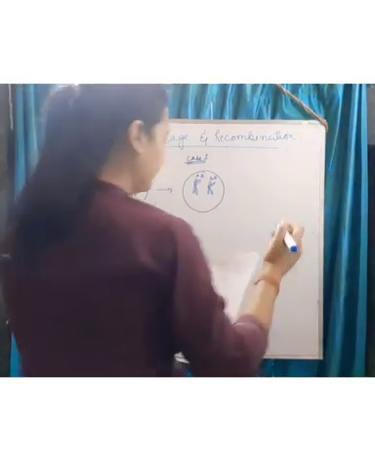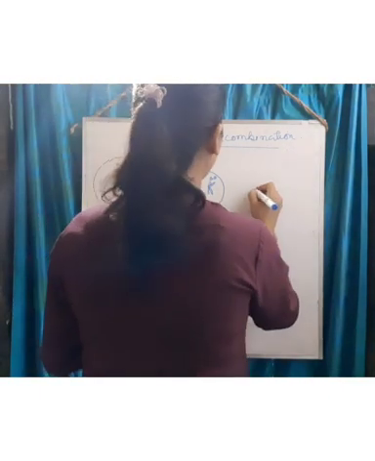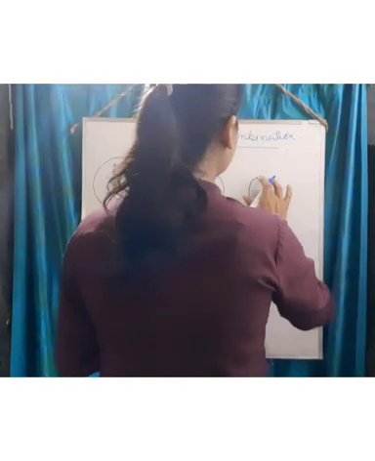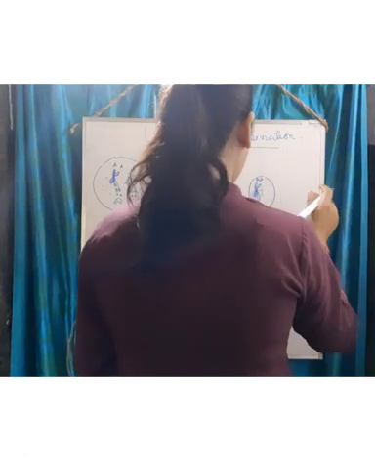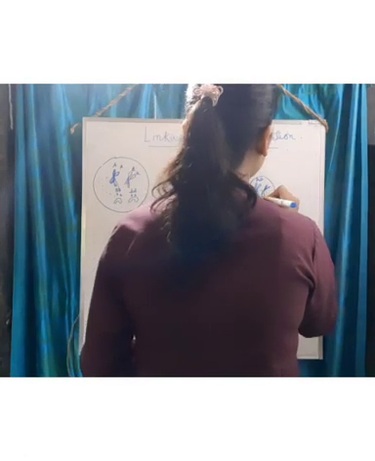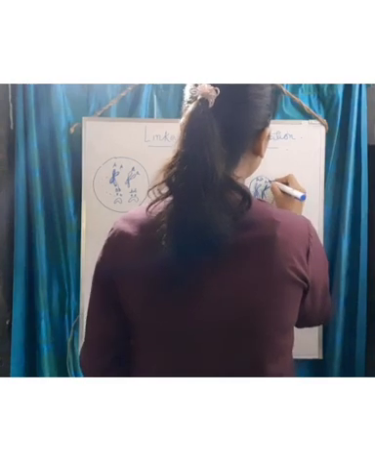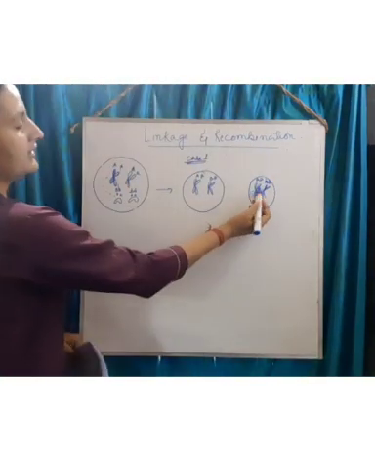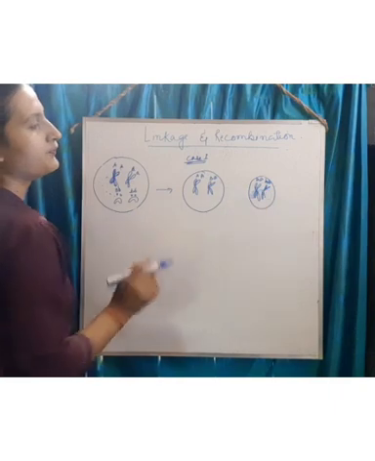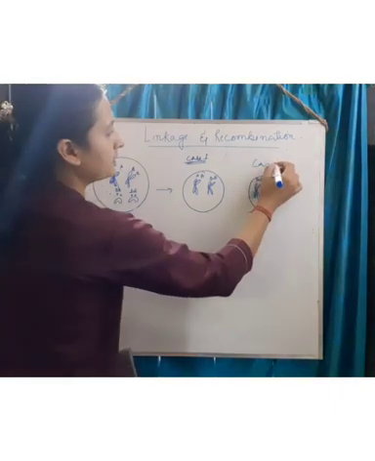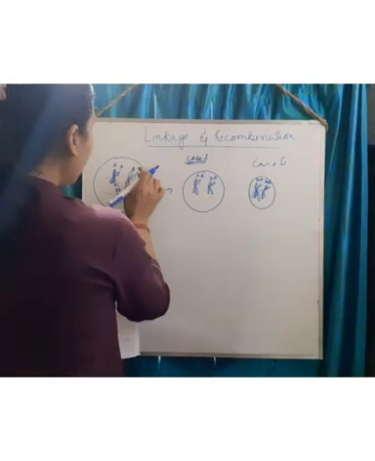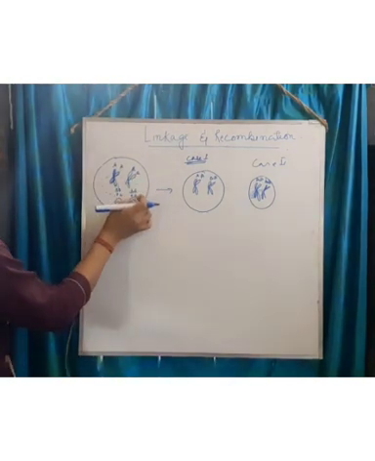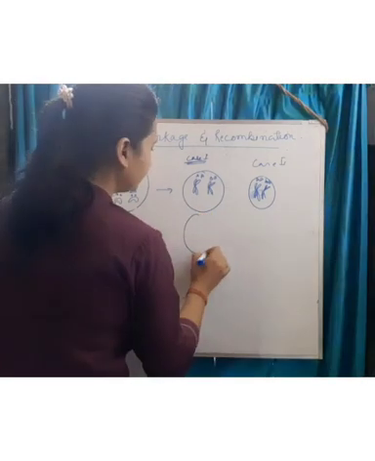The second possibility is that capital A can pair up with the recessive, meaning the dominant character pairs with the recessive character, capital A with small b, correct? This is case 2.